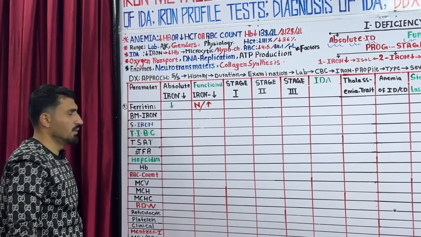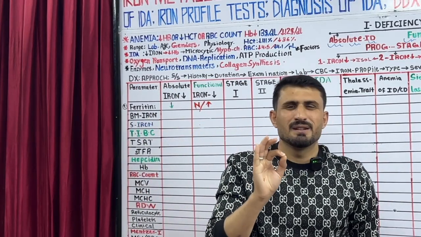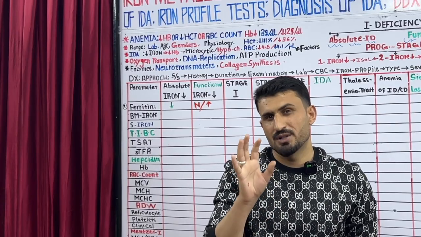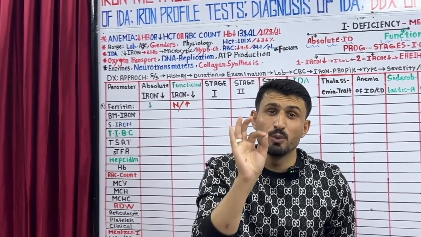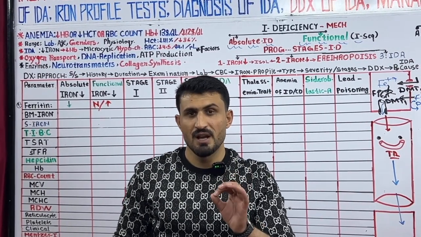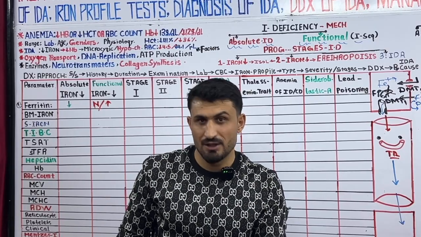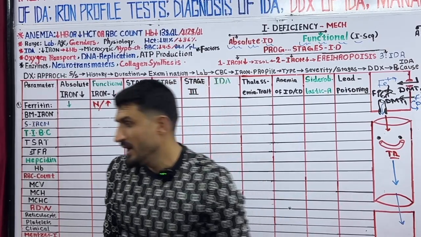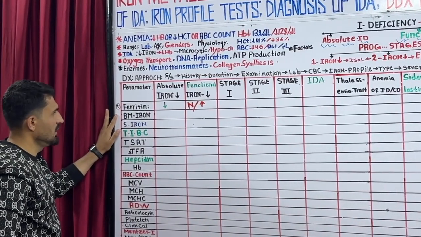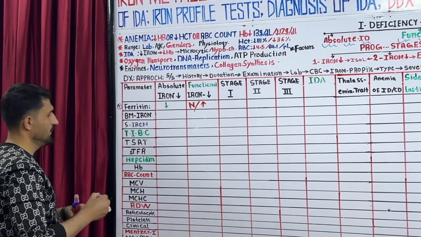Come here to the bone marrow iron. Do you know the best test for iron deficiency anemia, to know everything about iron deficiency? It is the bone marrow test, where we take a sample from the bone marrow and check it under the microscope. But practically in hospitals we do not perform this test in everyday life.